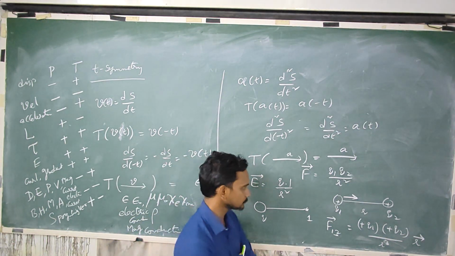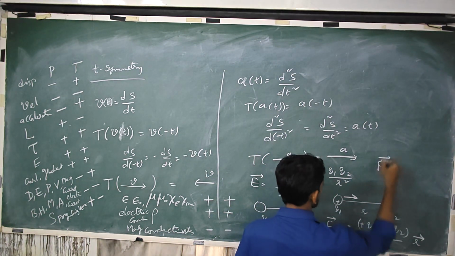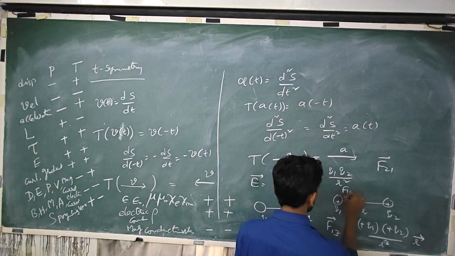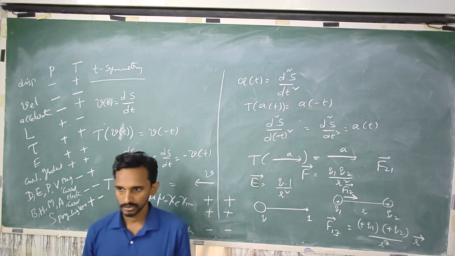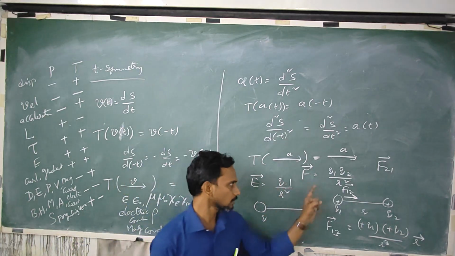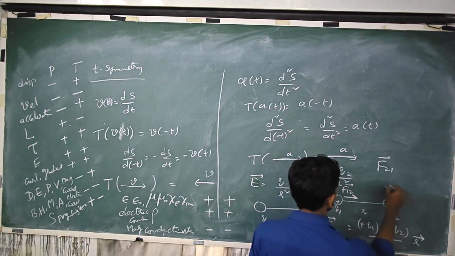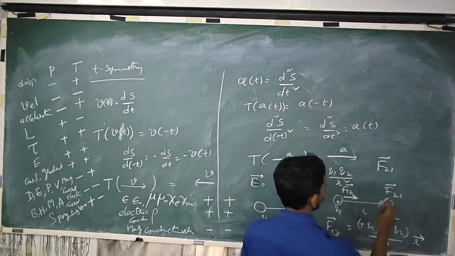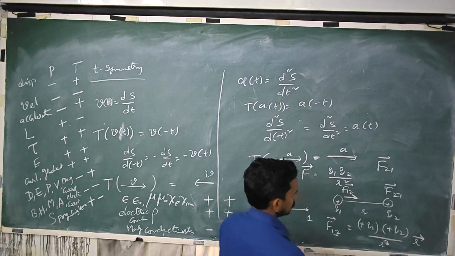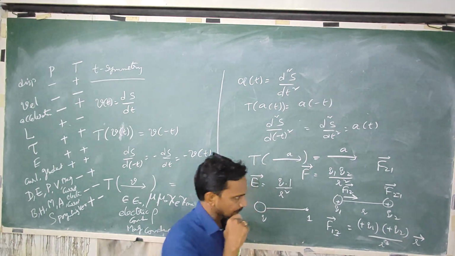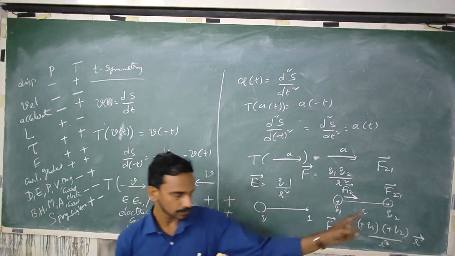What about Q2? F21. So this is F12, force applied by charge 1 on 2. F21 is what? Force applied by charge 2 on 1. So what is its direction? It is directed from charge 2 to charge 1.